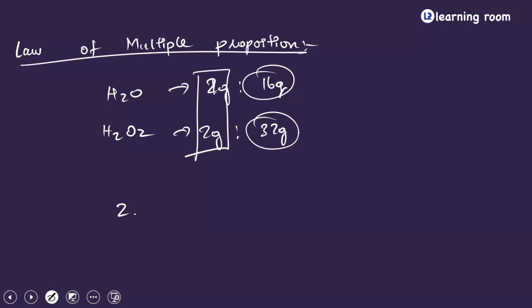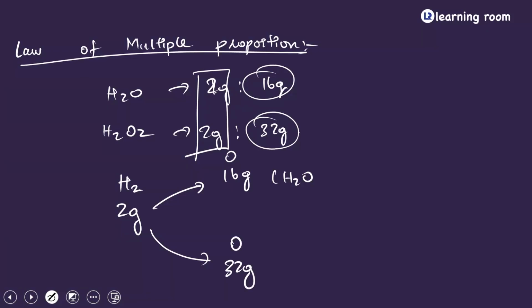In the case of water, 2 gram of H2 reacts with 16 gram of oxygen. In the case of H2O2, 2 gram of H2 reacts with 32 grams of oxygen. So the ratio of oxygen reacting with fixed mass of hydrogen is 1:2. This is the law.